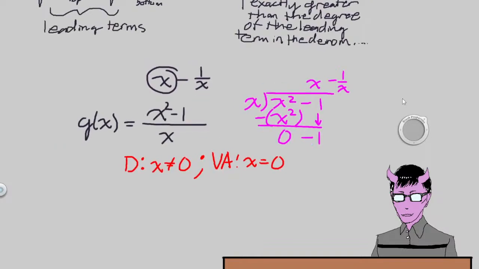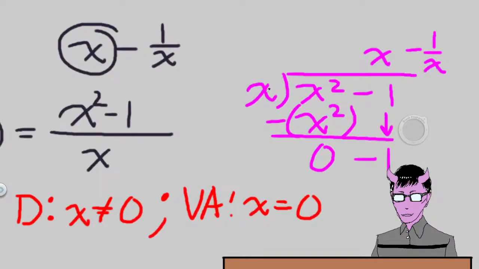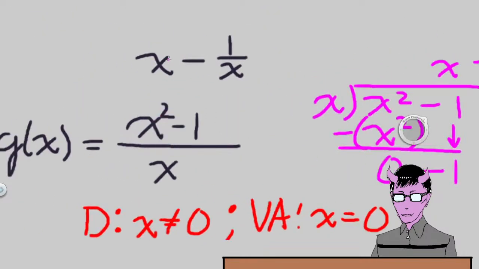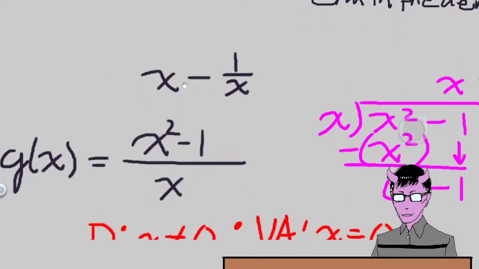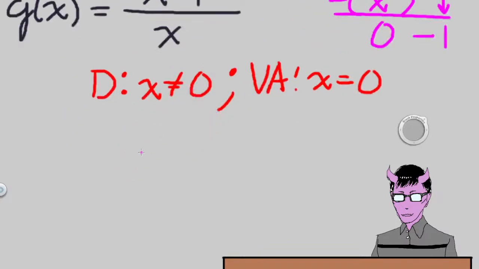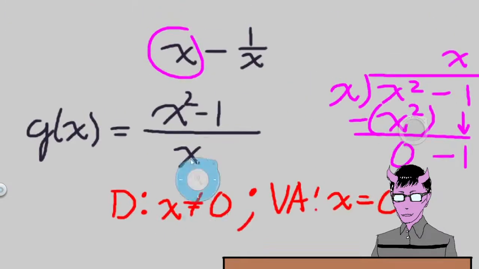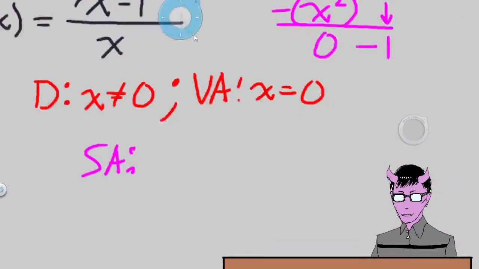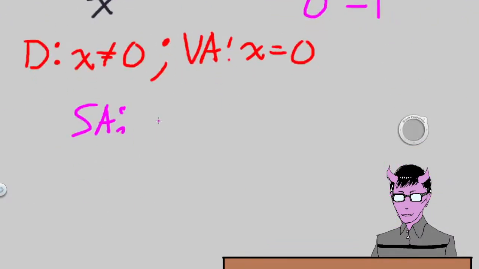This is now something referred to as the horizontal asymptote. This one right here is x. So you notice I saved the magenta for this one, right? Was it pre-planned? Yes. So slant asymptote. A slant line is a linear function. It's going to be y equals mx plus b, right?